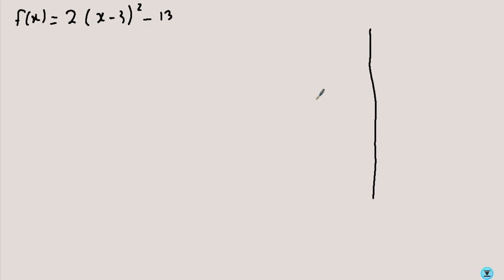Our second function was f of x is equal to 2 times (x minus 3) squared minus 13. Again, let's put our axes here. And the vertex was at (3, negative 13).